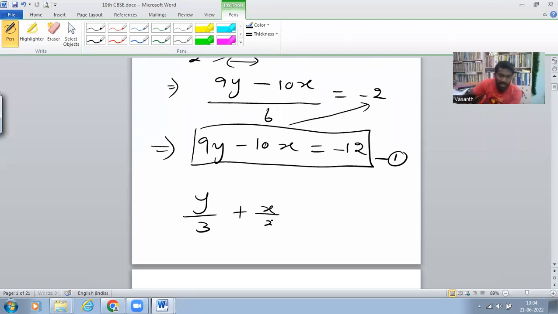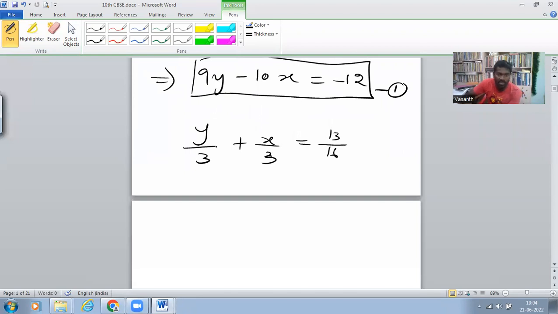We directly write y plus x whole divided by 3, which is equal to 13 by 6.